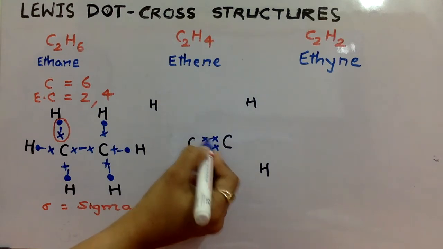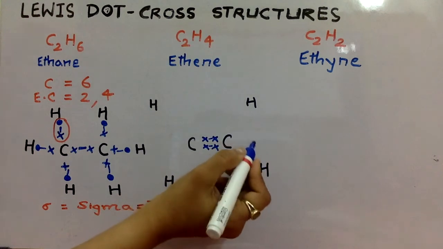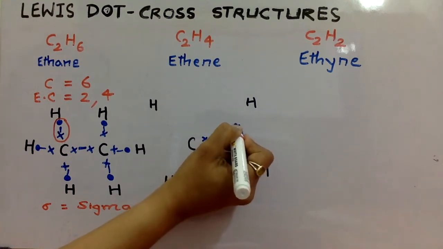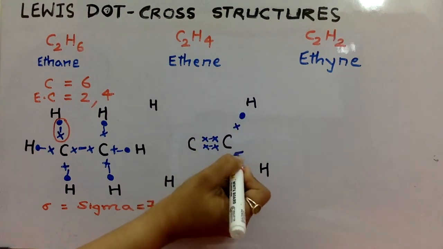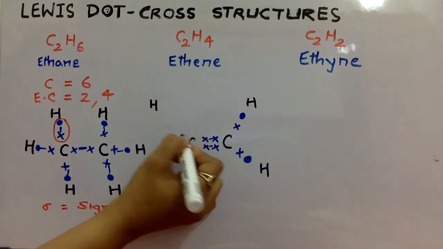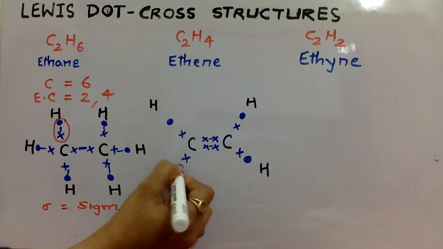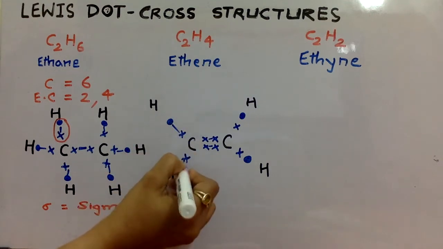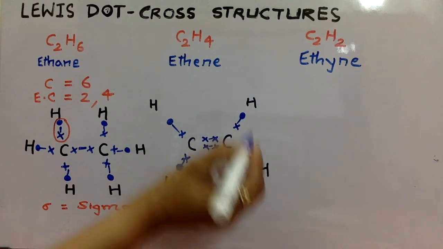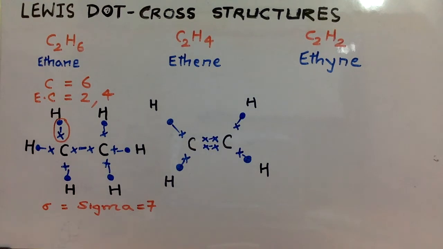So this is how carbon has made the double covalent bond. This carbon makes a single bond with H, again another single bond with hydrogen. Same way here, 2 hydrogens, 2 single bonds each. So this is the structure of ethene.